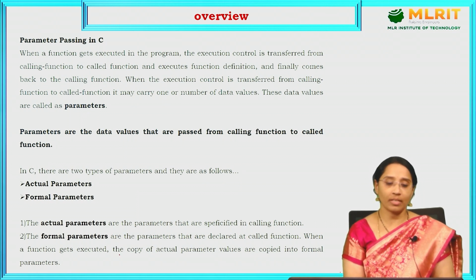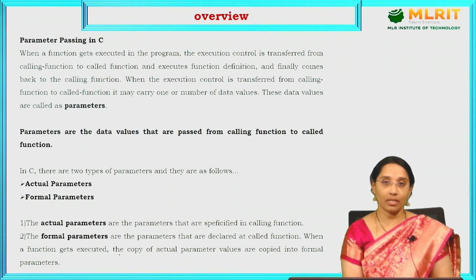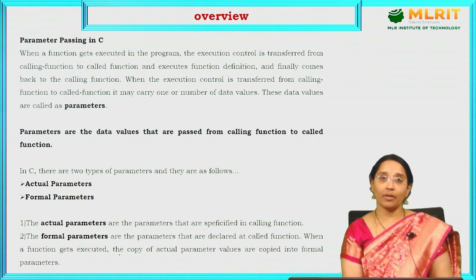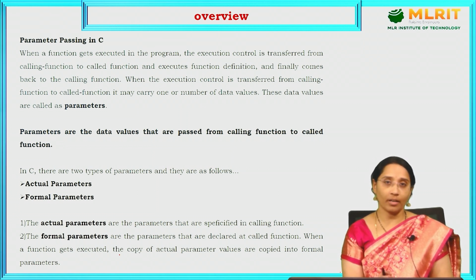When a function gets executed in the program, the execution control is transferred from the calling function to the called function. While discussing the concept of functions and categories of functions, we have seen whenever a function call is initiated, control will jump from the calling function to the called function. What is the calling function?